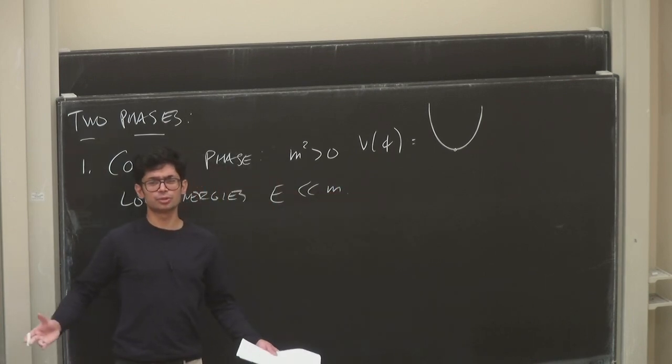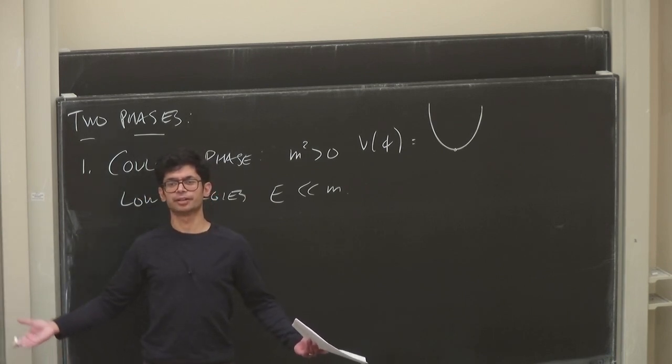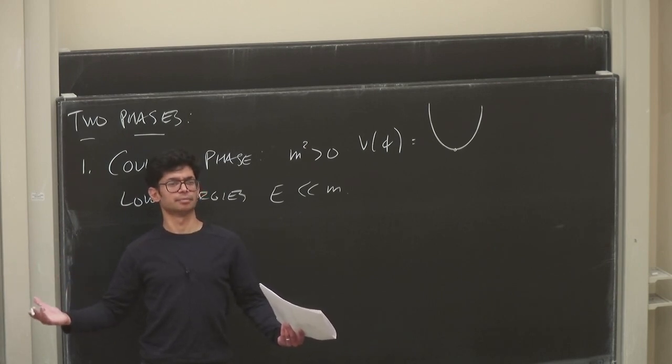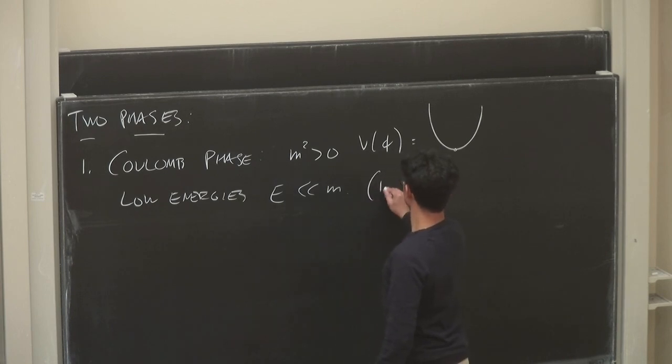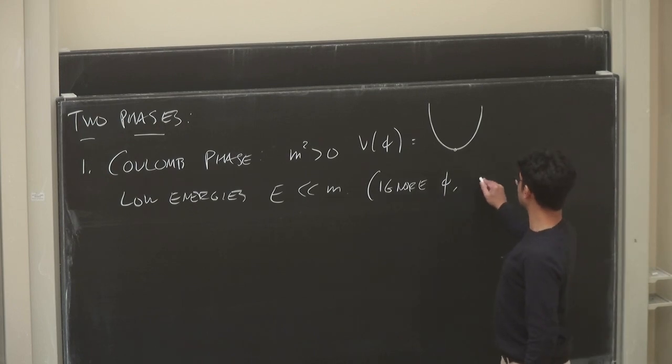In that case, you can ignore the phi particles. They're heavy. They cost energy to make. You won't really make them at energies less than m. So the point is, at very long distances, you can just ignore phi. You can integrate it out, as they say. And then we're back, basically, in free E and M.